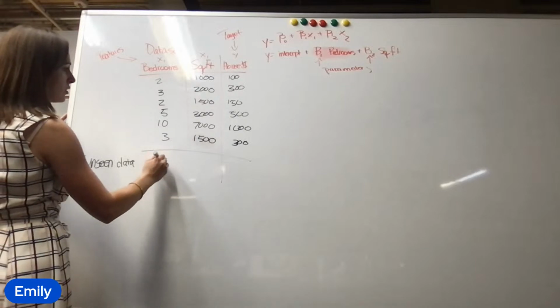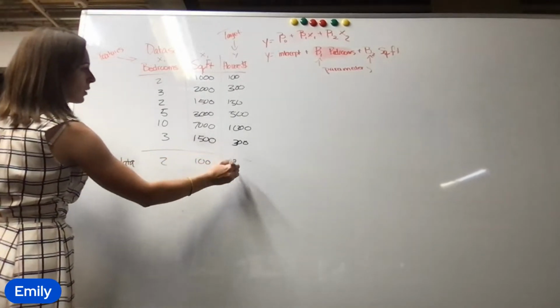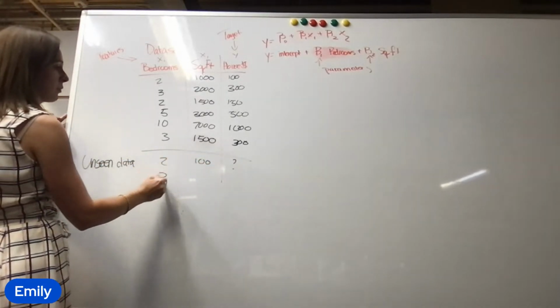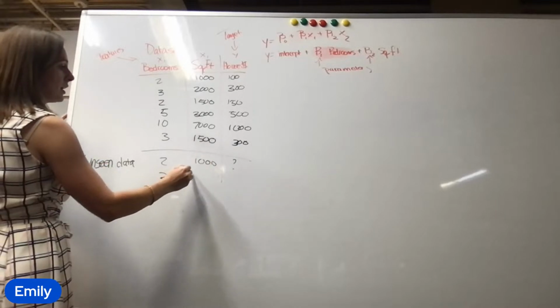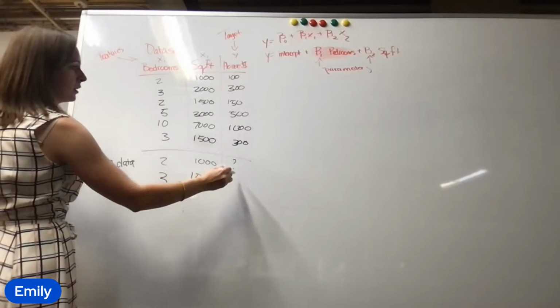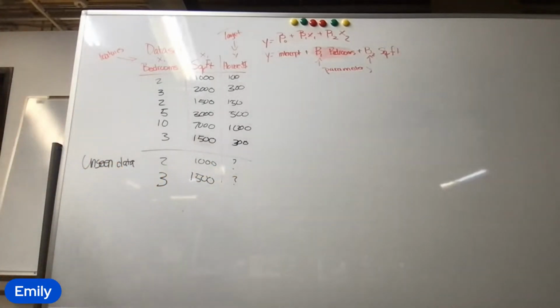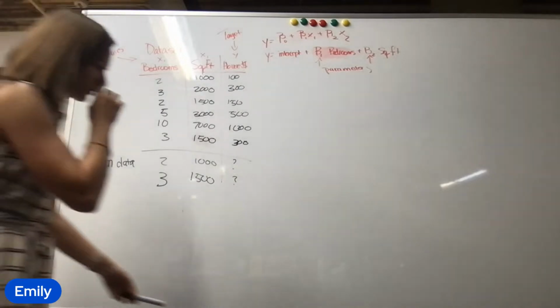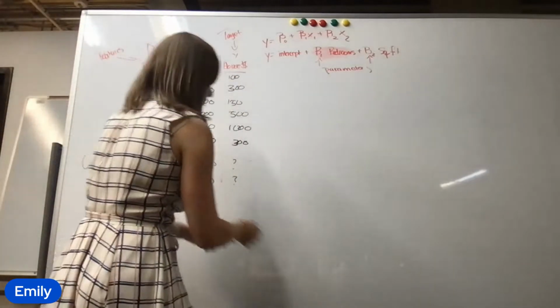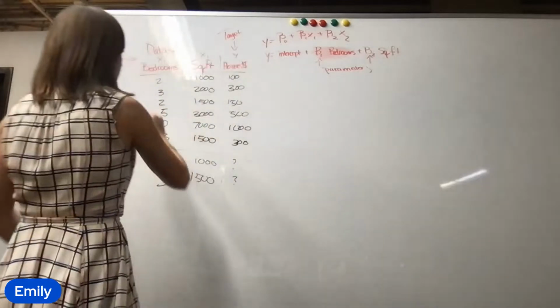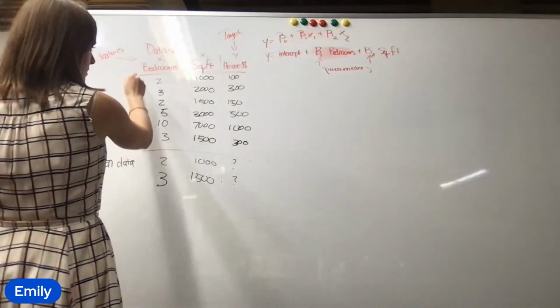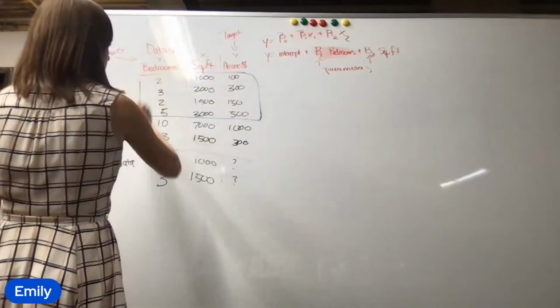So if we give it 2 and 1,000, we want it to be able to tell us what the price is. If we give it 3 and 1,500, we want it to tell us that price too. We want it to generalize to that unseen data. So we're going to take all of this and do train test split, maybe an 80-20 split, something like that.